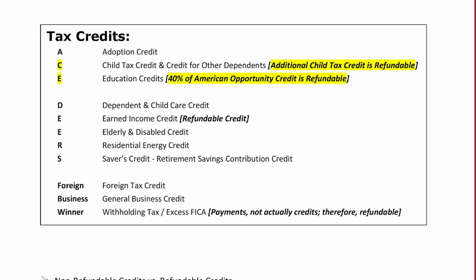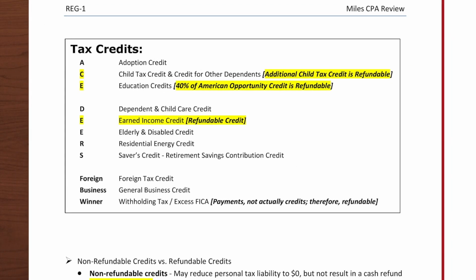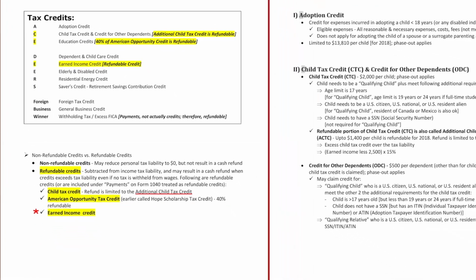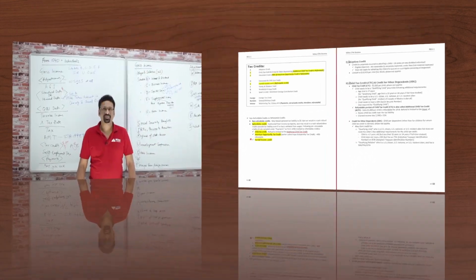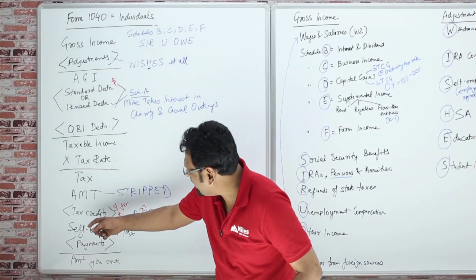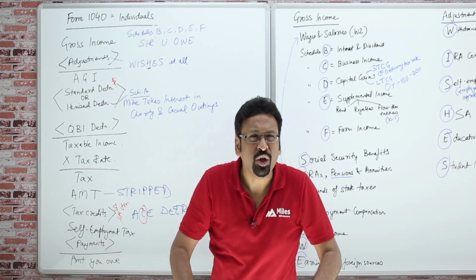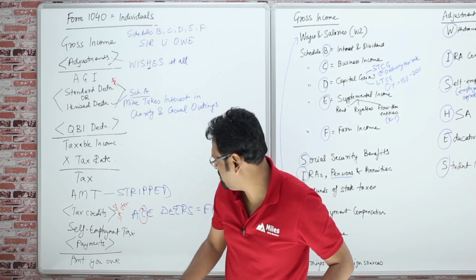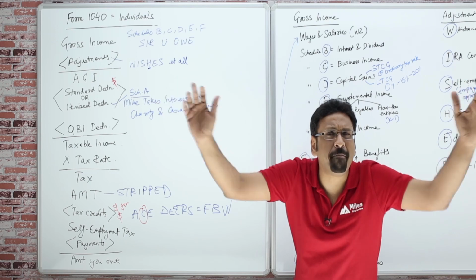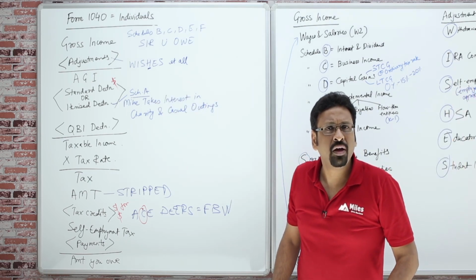And highlight the first E of ACERS because this one's very important: the Earned Income Credit, a refundable credit. For tax credits, you've got to be ACE to be foreign business winners.